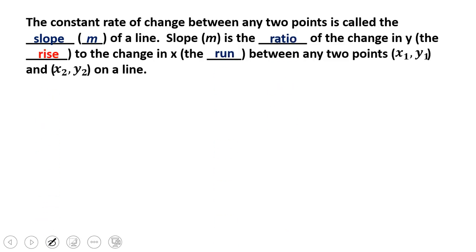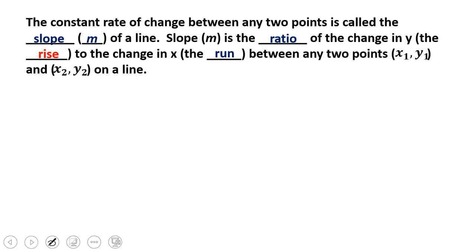The slope is represented by the letter M. So when we look at equations and we see the letter M, or we see the letter M with something next to it, we understand that that means slope of something. M means slope, and slope is a ratio. Hey, we just did ratios, the comparison of two numbers by division. Slope is a ratio.